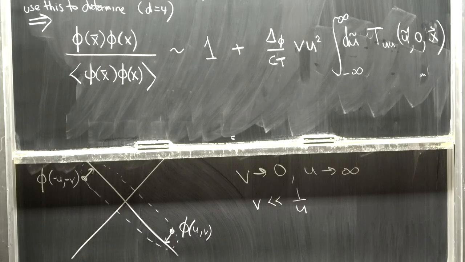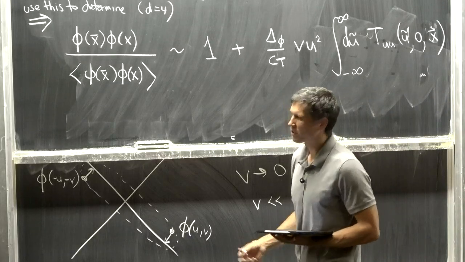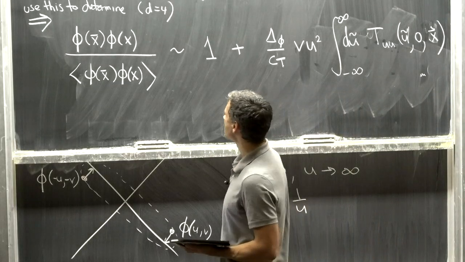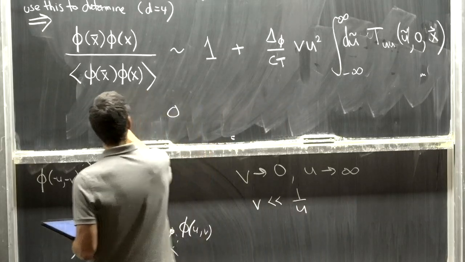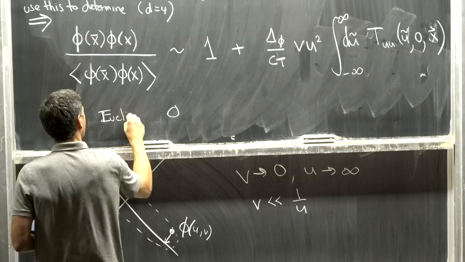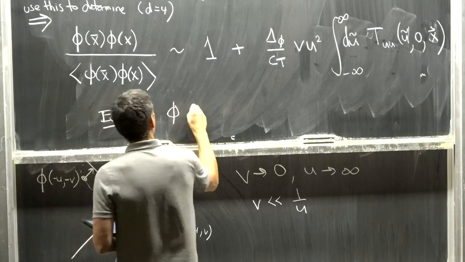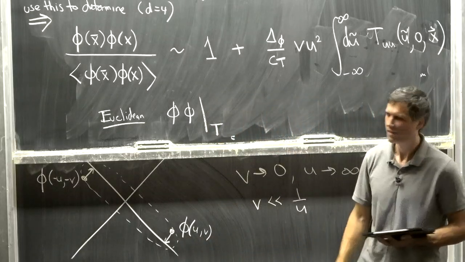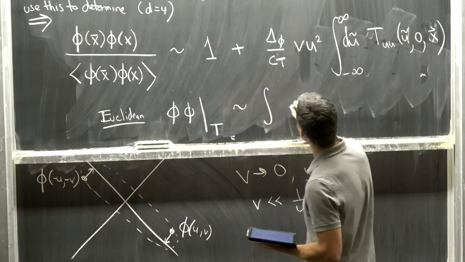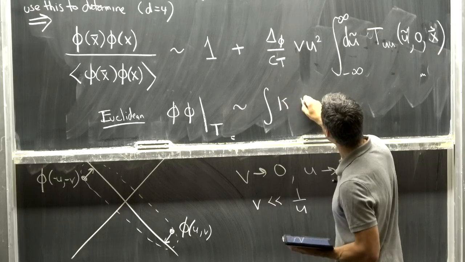Could we also have evaluated this phi OPE by seeing them as lying on this t equals 0 slice and then using the Euclidean OPE? Good, yeah. So the question is whether we could have worked in Euclidean. And the answer is yes. There's a general formula for the OPE in Euclidean, a Euclidean formula for the stress tensor contribution to the OPE of phi phi, which looks like some integral of a kernel times T of x.